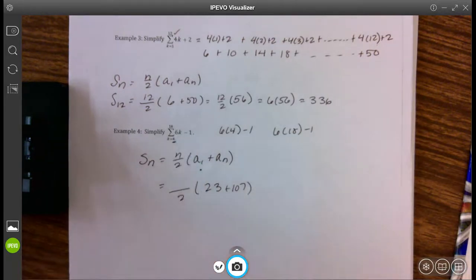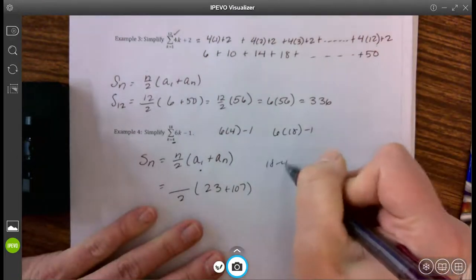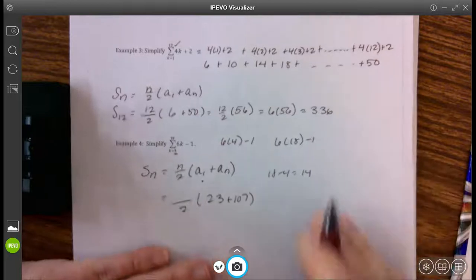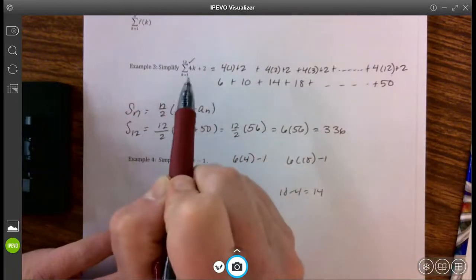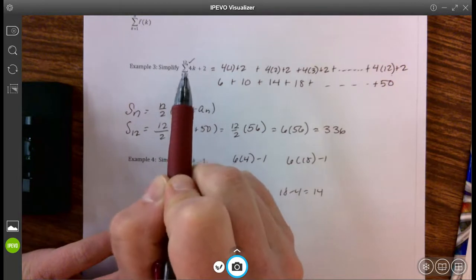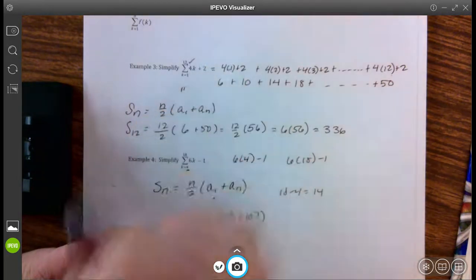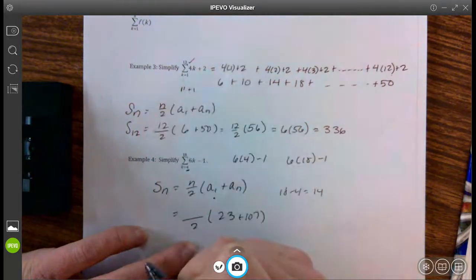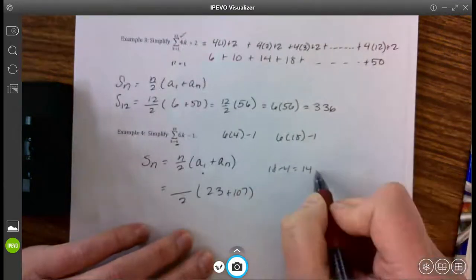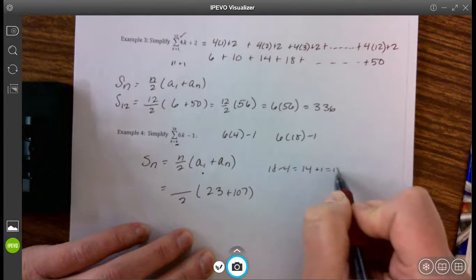How many terms do I have? A lot of students will say, oh, you have 18 minus 4, 14 terms, but that's incorrect. Because we said we had 12 terms up here. 1 through 12 is 12. But what's 12 minus 1? 11. You have to remember to add back on that term. So 18 minus 4 is 14. Add back on, I actually have 15 terms.